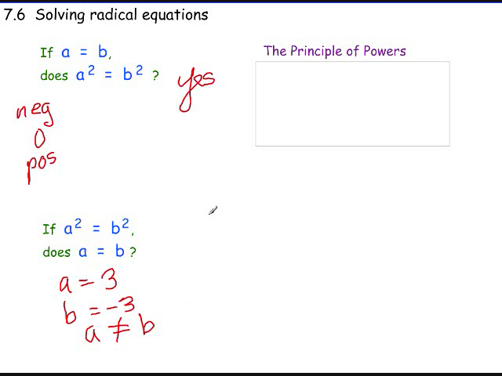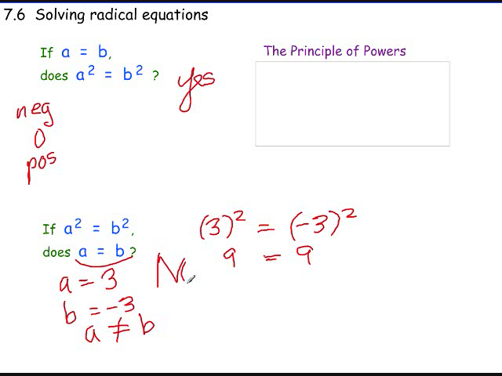I take A and square it, which is 3 squared, and I take B, which was a -3, and square it, and I've got 9 equals 9. So I can have a situation where A squared equals B squared, but this is not true.